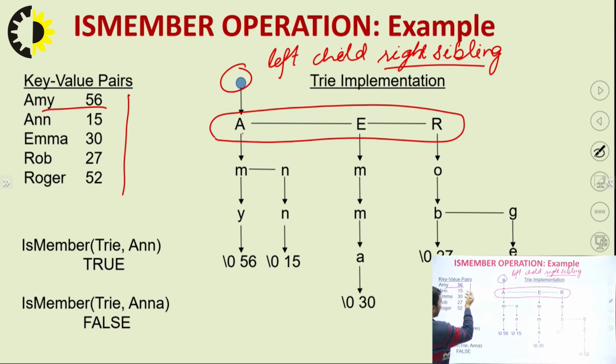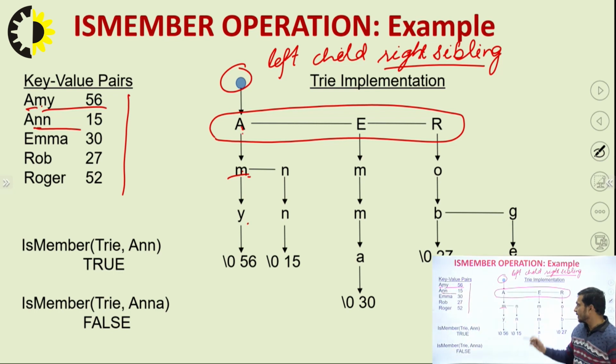Suppose we have this ME and we are storing it this way, like we have A, then M, then Y. Then we are storing this A and N. This A is common between N and ME both, so we will go to the next level. At the next level we already have M, and we have to add this N, and M is not equal to N. So what will we do?